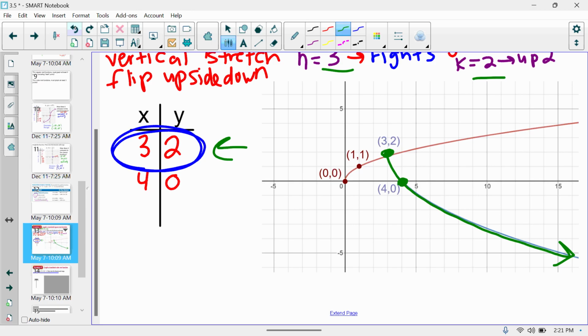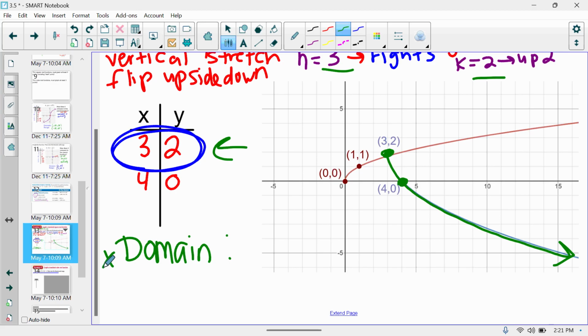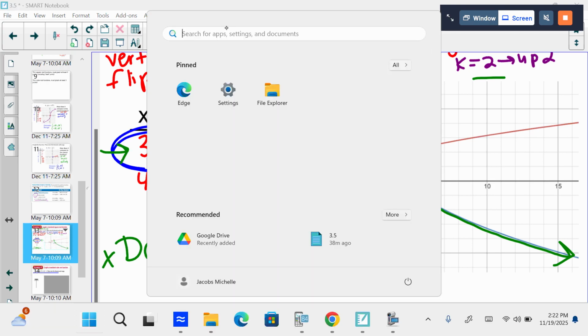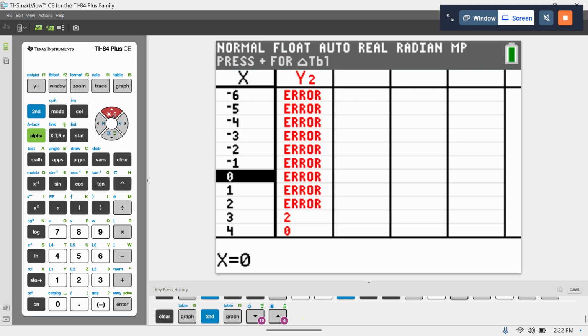So then domain and range. Domain, remember, is the x value. So let's think about this for a second. 3 is the smallest thing we'll ever have for our x's, right? Remember, we can't plug in 0 this time because it's an error.